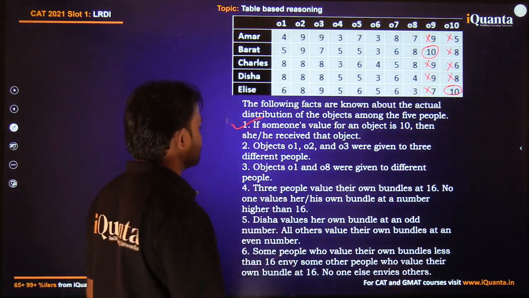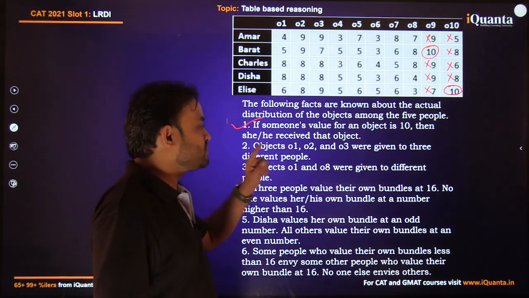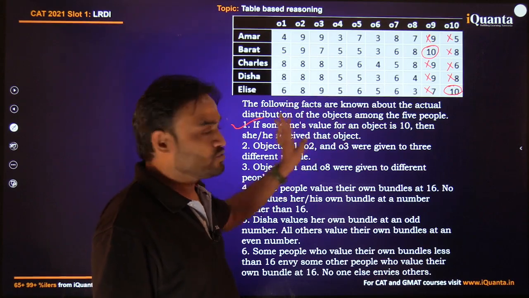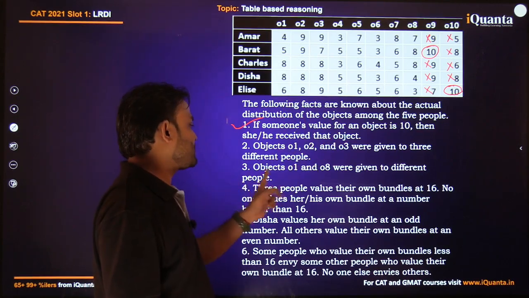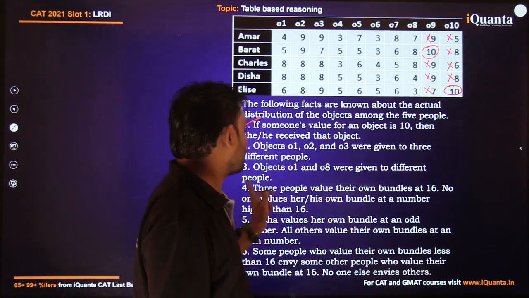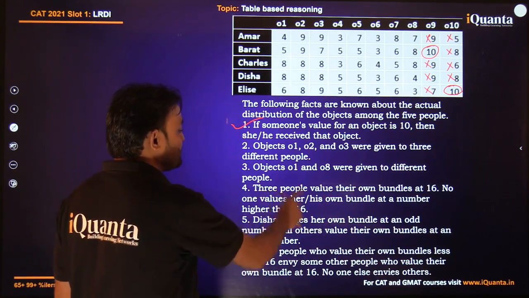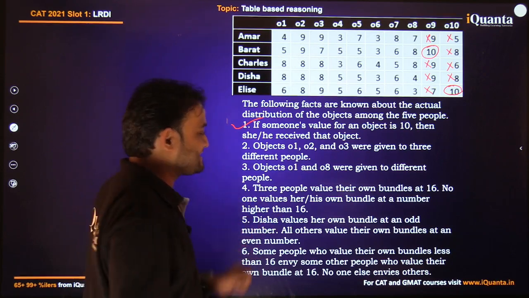So first is done. Second, it says objects 1, 2, 3 were given to 3 different people, not of any use right now. Third, it says objects 1 and 8 were given to different people, once again not very useful right now.